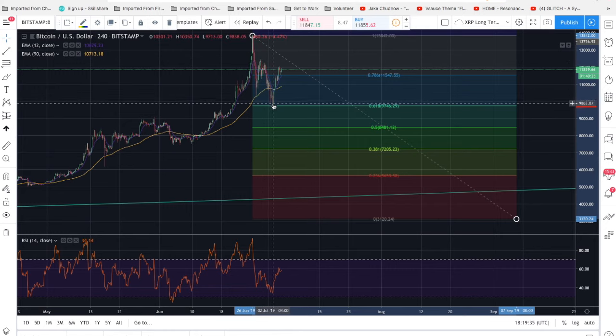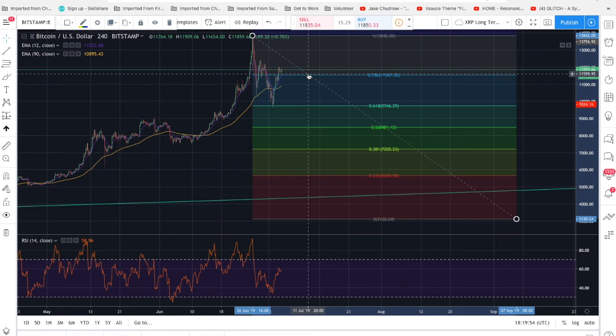And as you can see, we have the 0.618 Fibonacci level, which is kind of the golden level that a lot of people go off of. A lot of people look for bounces up to 0.618 or the 0.50, depending on how bullish they think the market is or how strong a bounce there might be.